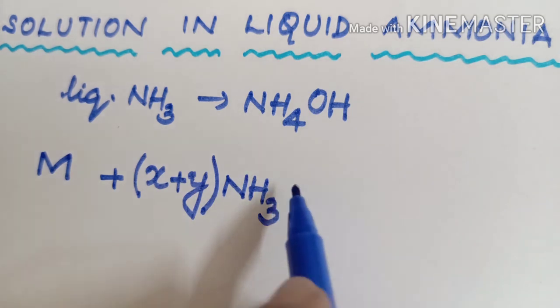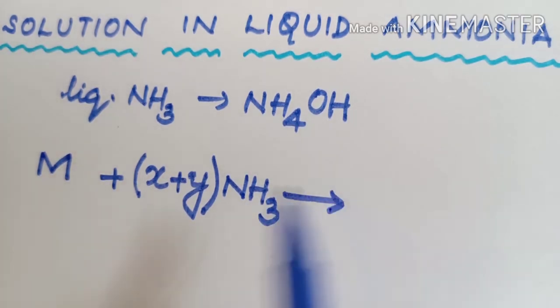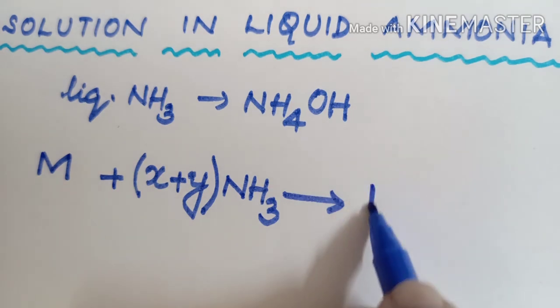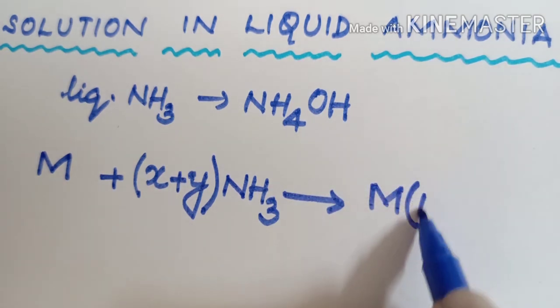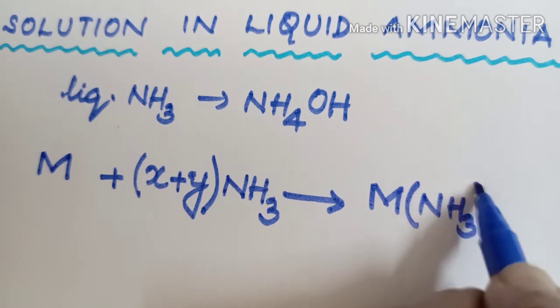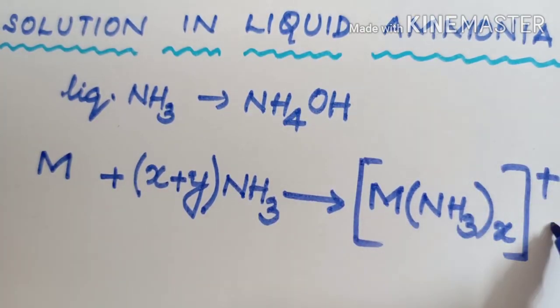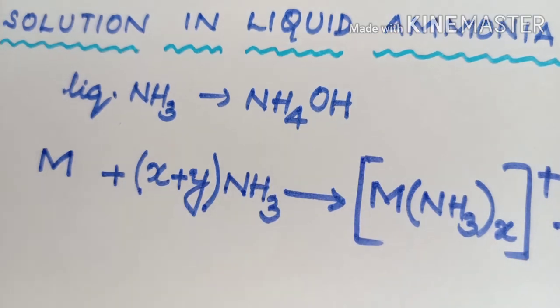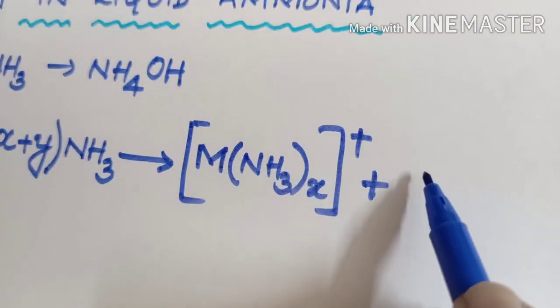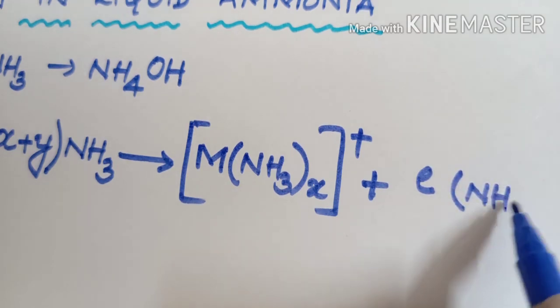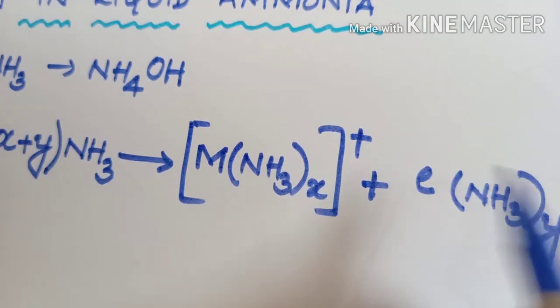When it undergoes reaction, it forms a complex ion, M(NH3)x positive, plus an electron which is ammoniated with y.